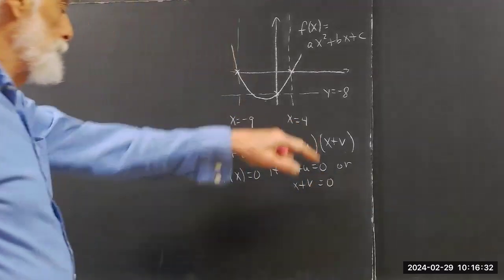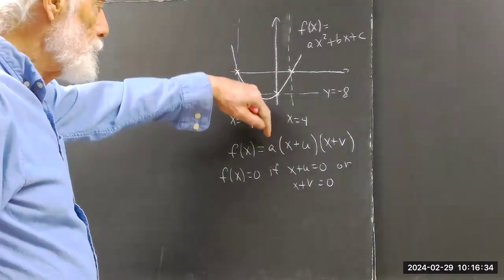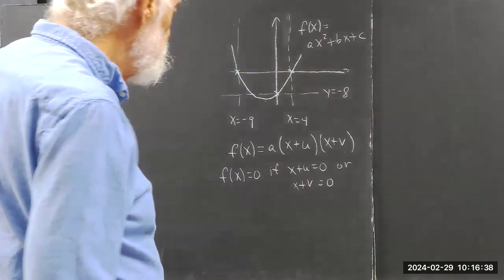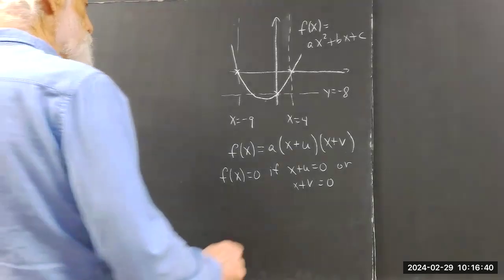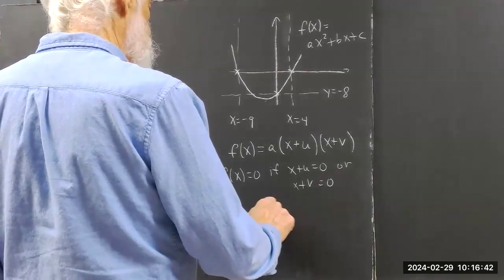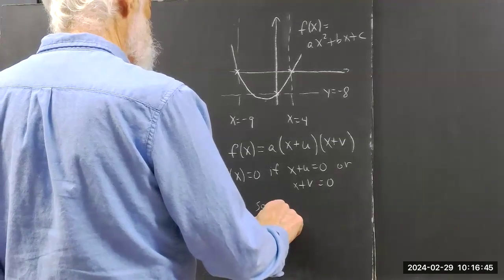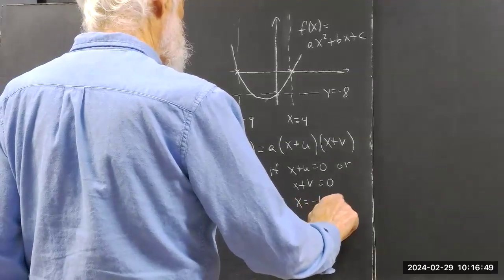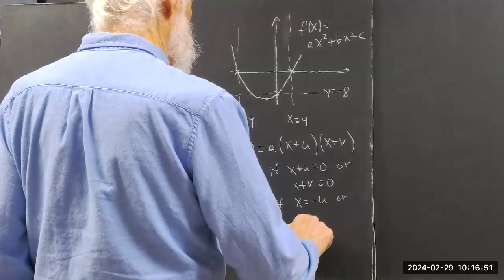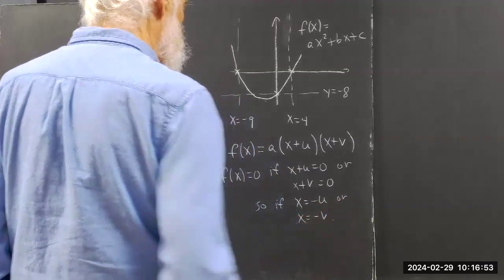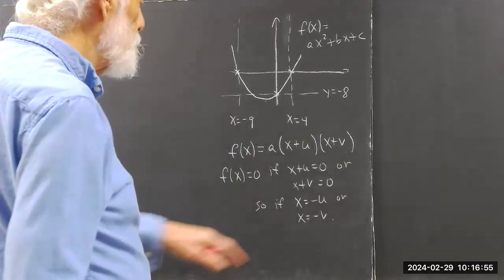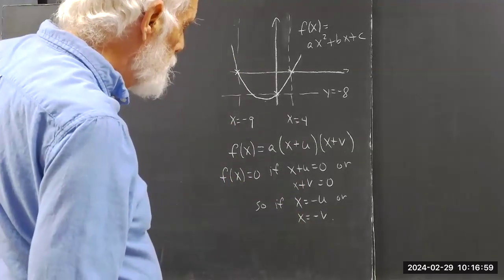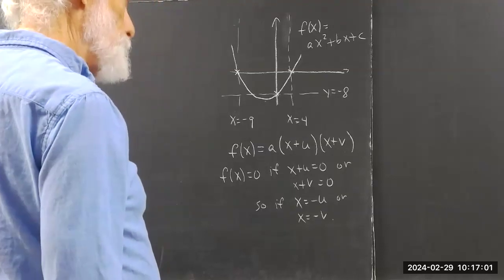If you have a function of this form, then it's going to be 0 if this is 0 or if this is 0. It's got to be at x equals -u or x equals -b. Well, that's kind of a formal way of stating something that should be obvious.